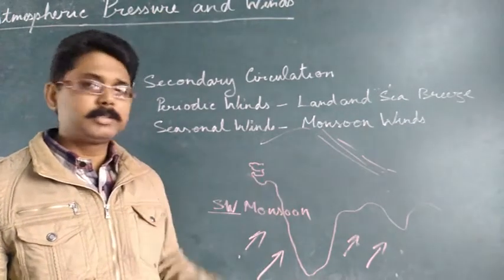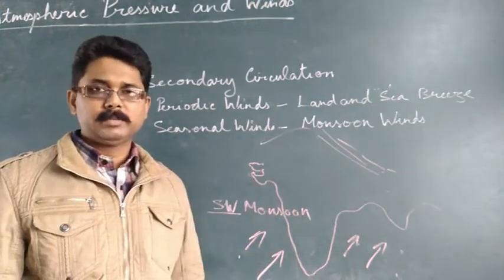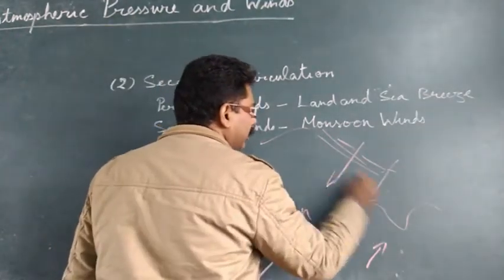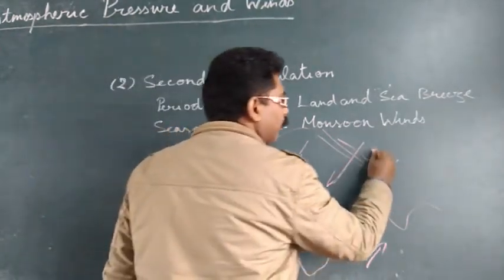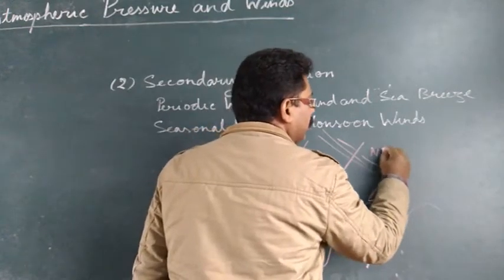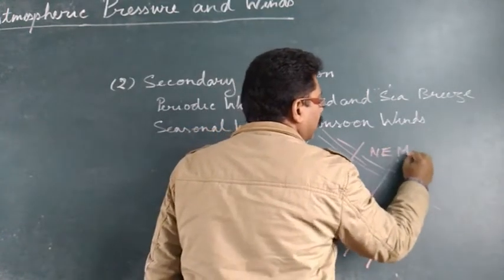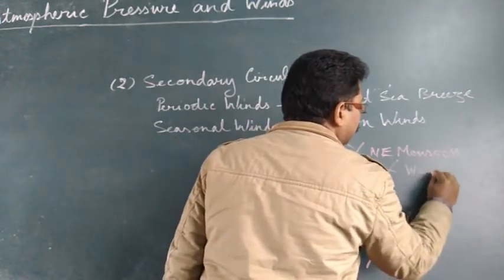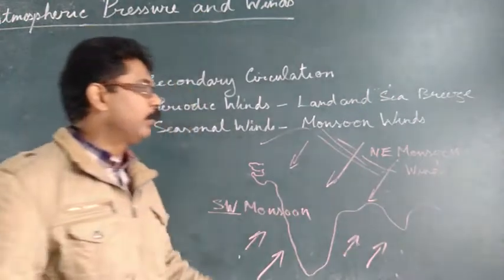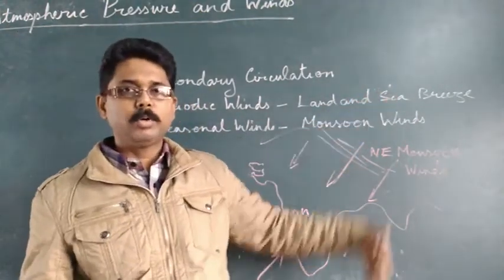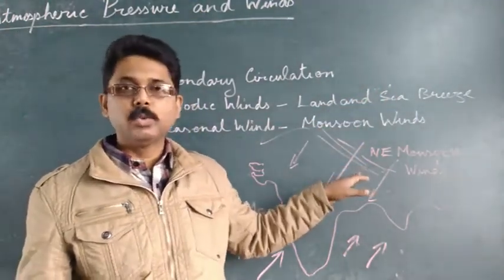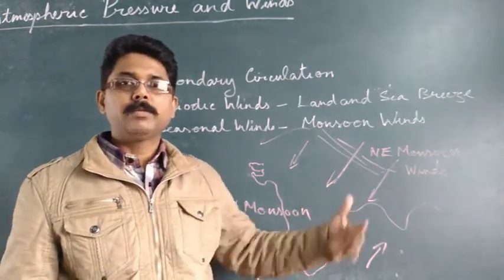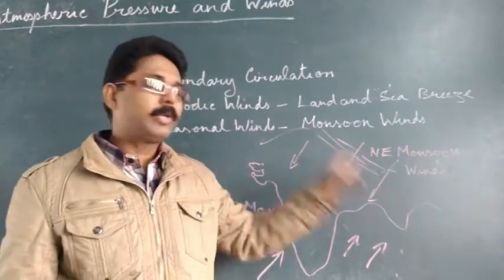Now what happens in the winter season? The wind starts blowing from the northeast direction, and these winds are known as northeast monsoon winds. As you can find, these winds are blowing from the land. There is no water body. That's why these winds are cold and dry. They push all the clouds backward, and the condition becomes dry.